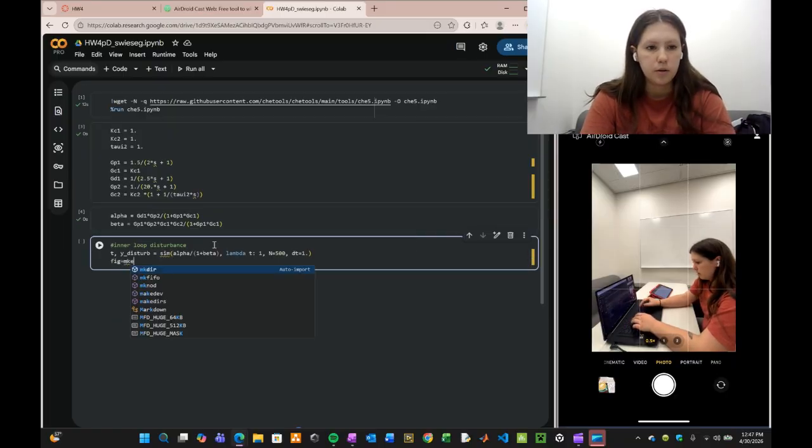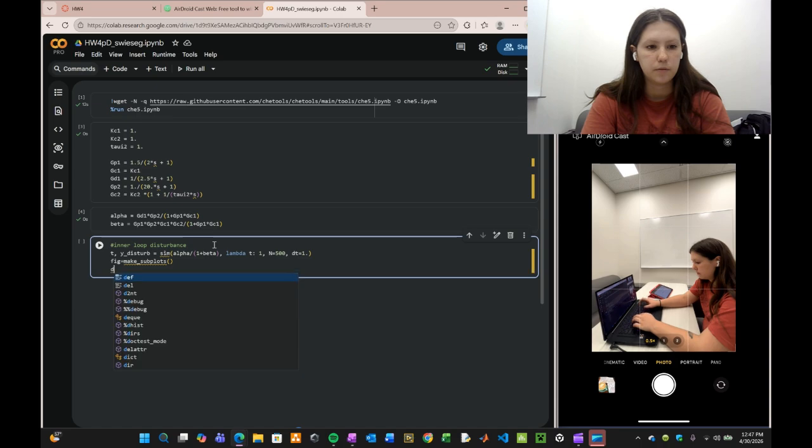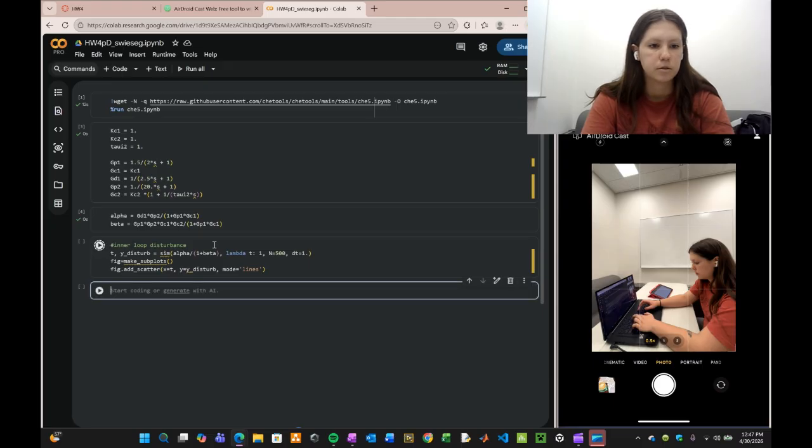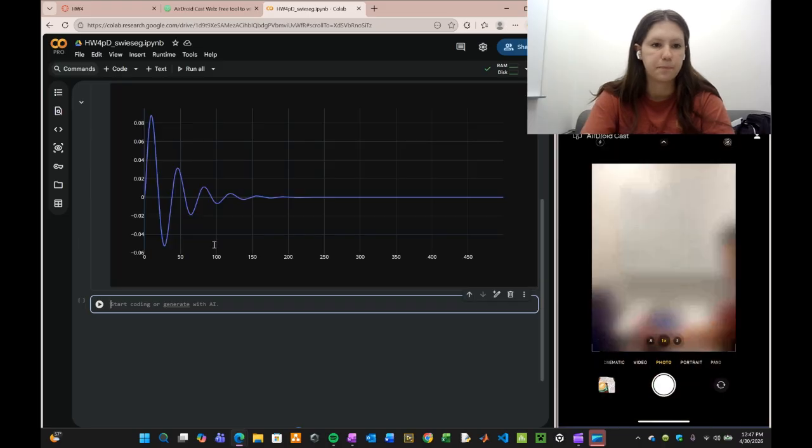And then we will make our subplots here. Big.add scatter x equals t, y equals y underscore disturb, mode equal to lines.